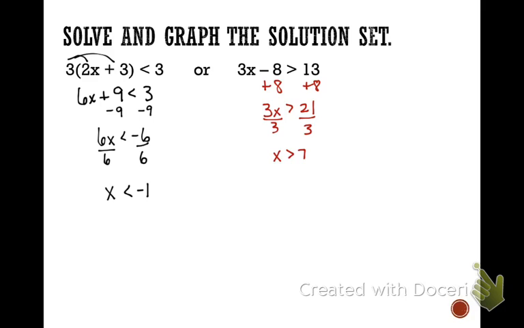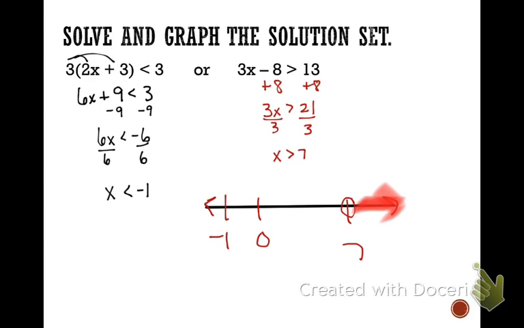So now, negative 1, 7, there's 0. Which way is it going to go? Outside, right? Open or closed circles? Open. Going out.